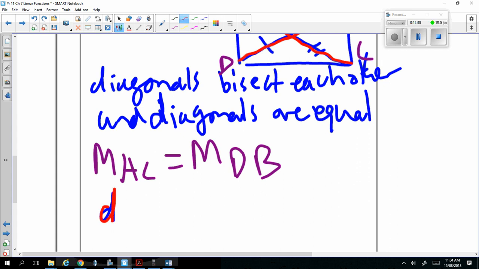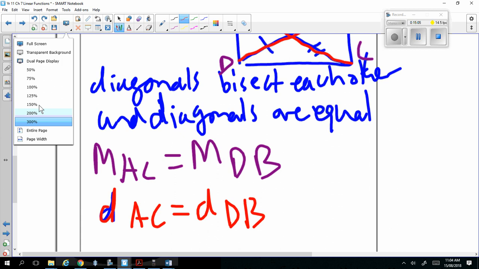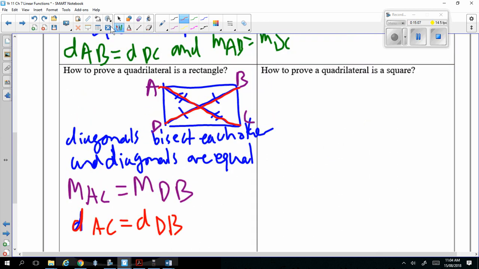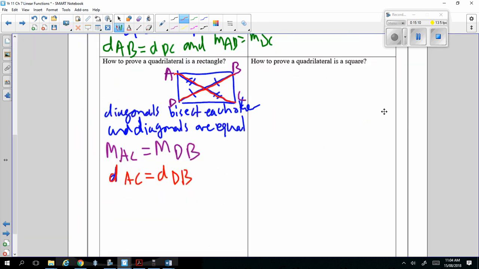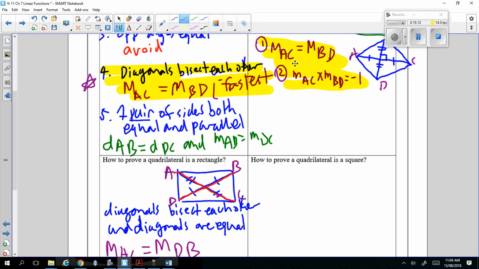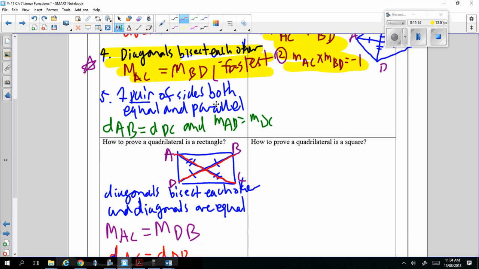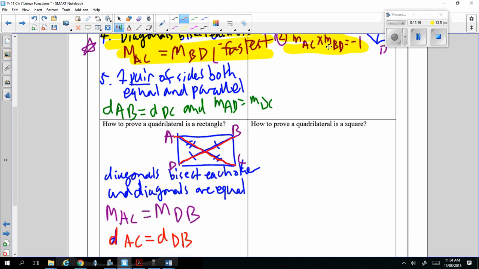Again, that will be the fastest way. So a little bit similar to the rhombus, gradient one, they both use midpoints being equal, but for the rhombus one, you have to show that the diagonals are perpendicular. The rectangle one is to show the two diagonals are equal to each other.